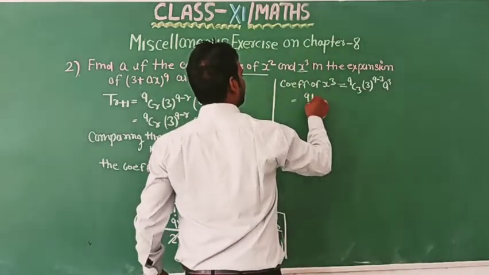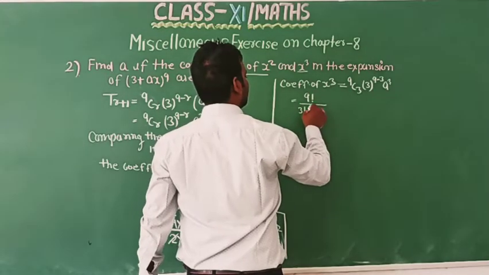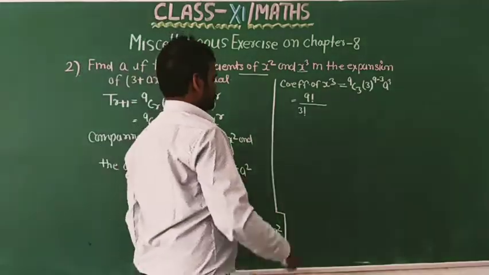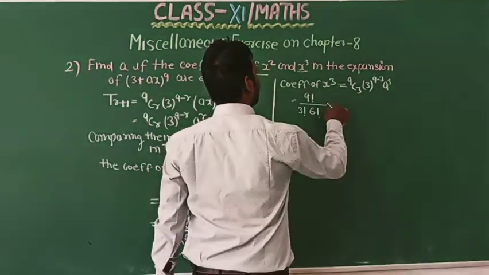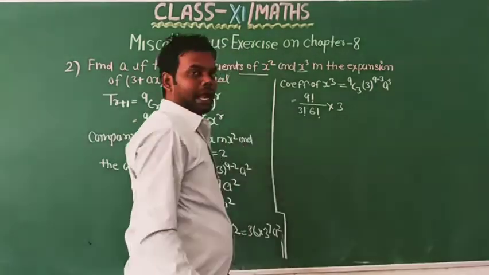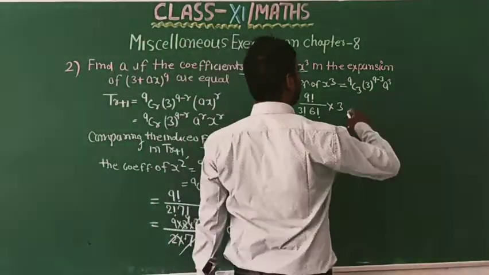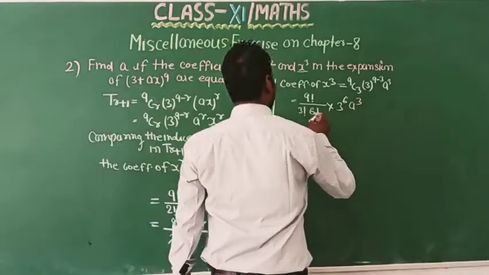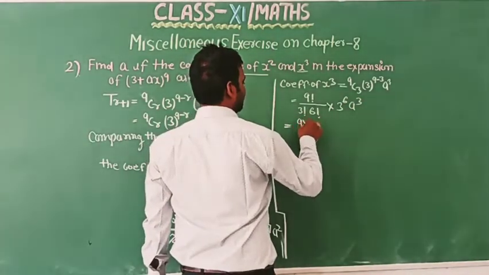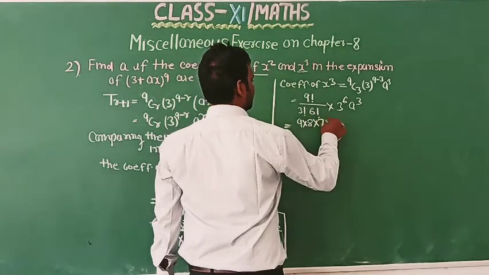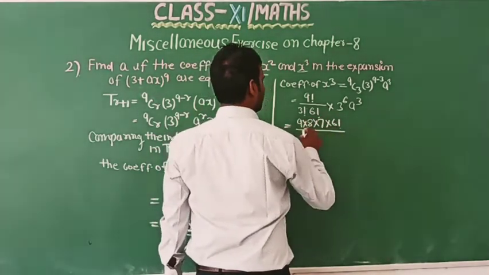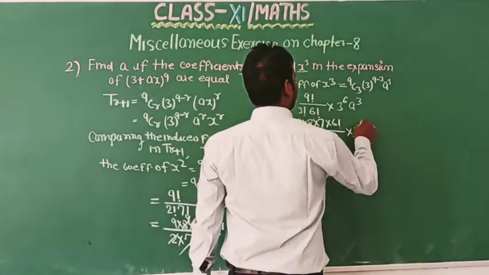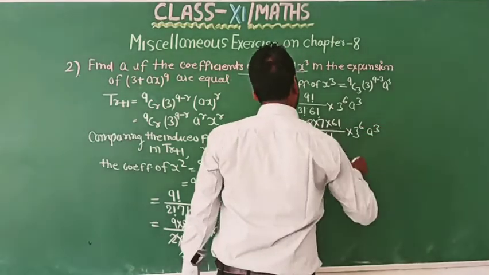So this is factorial 9 upon factorial 3 into factorial 6, into 3 to the power 9 minus 3, which is 6, a to the power 3. 9 into 8 into 7 into factorial 6 by 3 into 2 into factorial 6, 3 to the power 6 a to the power 3.